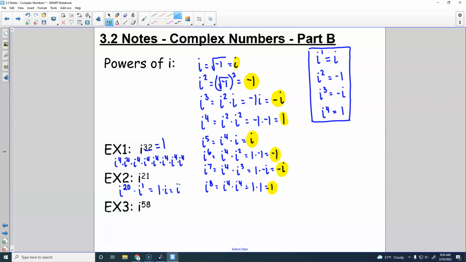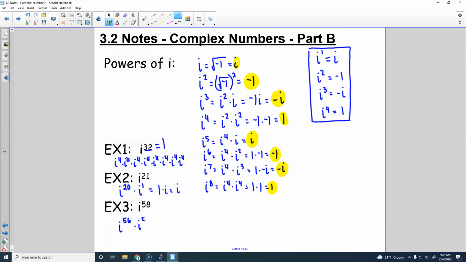Let's see, 58. I don't think that's divisible by 4. It is not. But 14 times 4 is 56. So I'm going to break this down to i to the 56th power times i to the 2nd power.